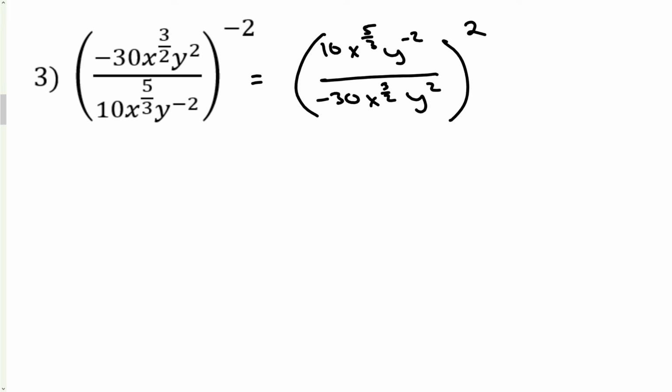To be simplified, I have to simplify any numbers. I have to make myself one of every letter, and then make sure there's no negative exponents and no fractional exponents in the denominator. So here we have a 10 over 30, which would be 1 over negative 3. I'm not going to put the 1 up there because I think there's going to be other things up there. Let's see.